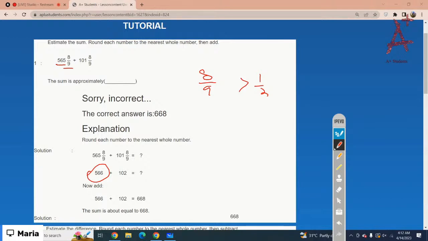Also 8 over 9 is greater than 1 over 2, so it will be rounded off to 102. So just add 102 and 566. So the sum is 668. Got it? Let's just start with the practice questions.